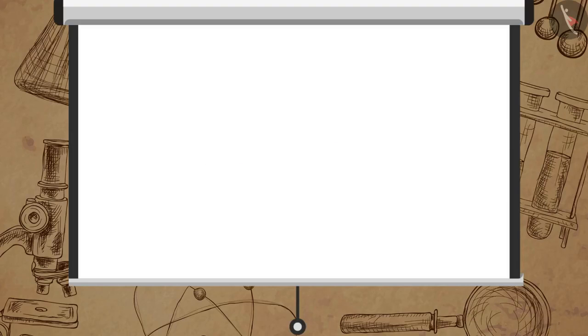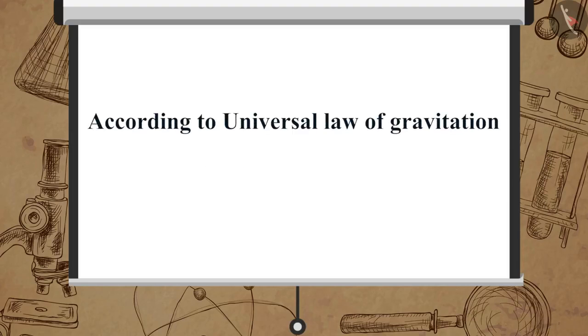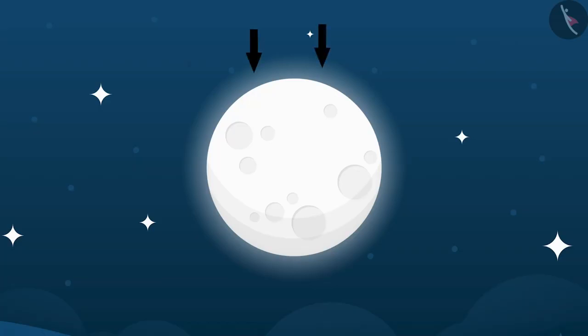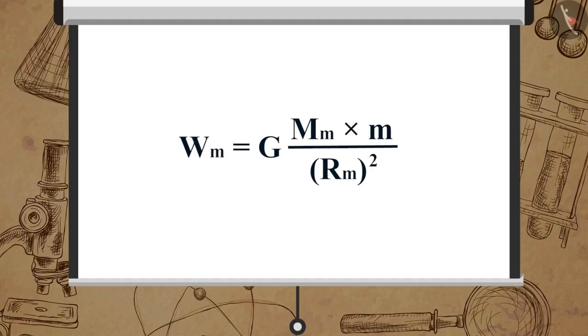We know that according to the universal law of gravitation, F is equal to G multiplied by m1 multiplied by m2 upon r square. Now, by applying the universal law of gravitation, the weight of an object on the Moon will be Wm is equal to G multiplied by mm multiplied by m upon rm the whole square.